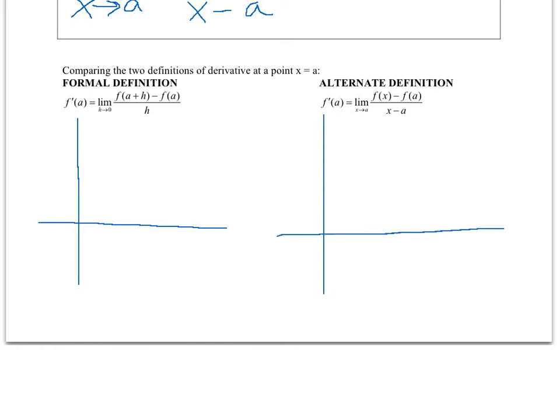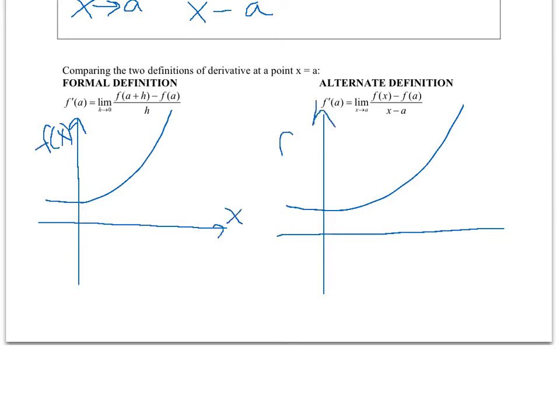Alright, let's just talk about a random curve for both of these. This would be f of x, and this would be x. For both of these, if you're talking about a point at x equals a, in order to get that tangent line or the derivative at that coordinate point, we're going to pick another point arbitrarily close.